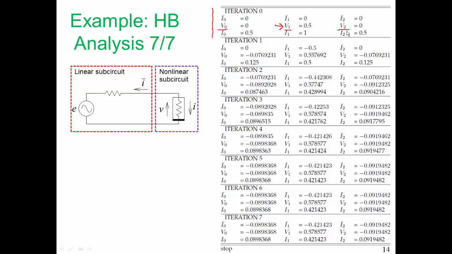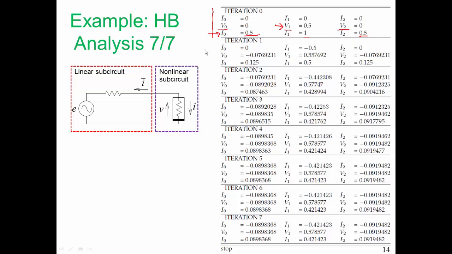My first iteration, I calculate the nonlinear currents. So I have the formulas for the phasor values of the currents at DC, the fundamental and the second harmonic, and I see I actually do get values for the nonlinear current at DC, at the fundamental and at the second harmonic.